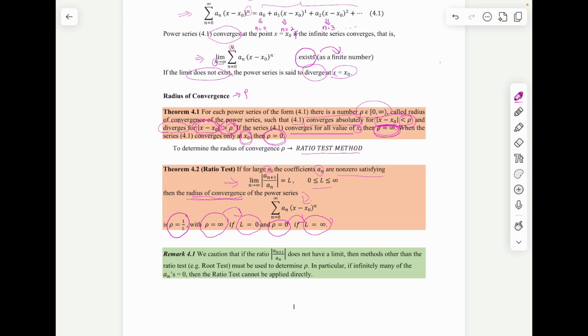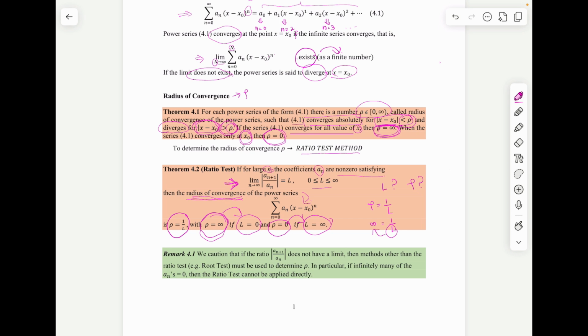Okay, like this. So when you find the limit by using the ratio test, you find the value of L, and then you need to find rho. You know rho equals 1 over L. If rho is infinity, and I plug it in here, 1 over L, then for sure L should be 0 in order for us to get rho infinity.